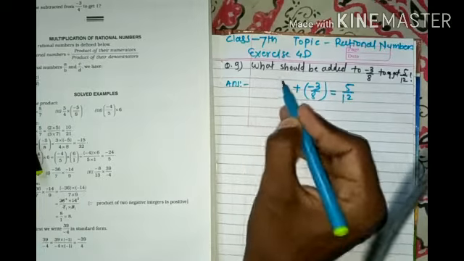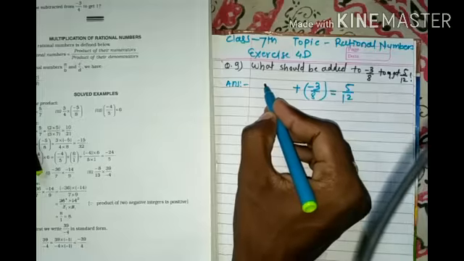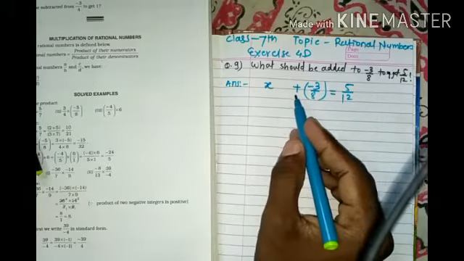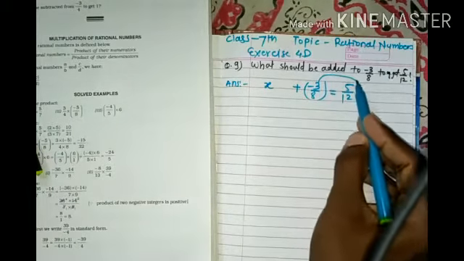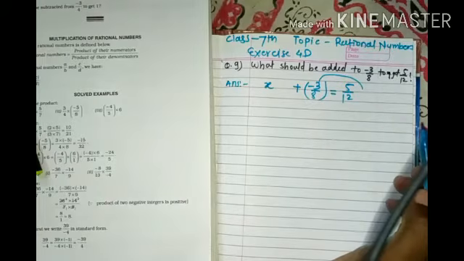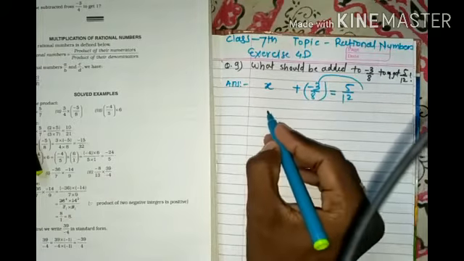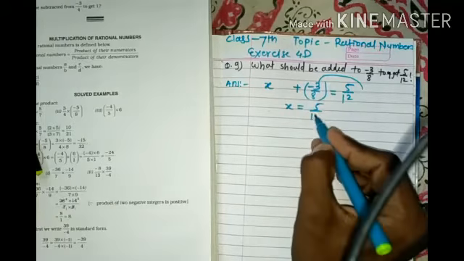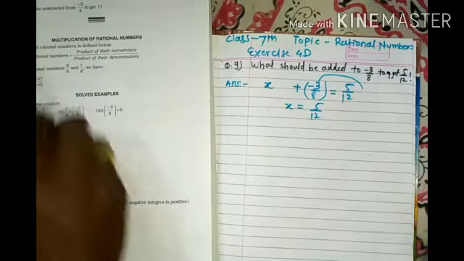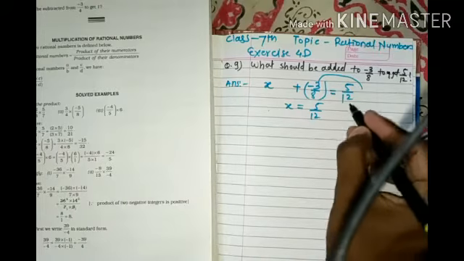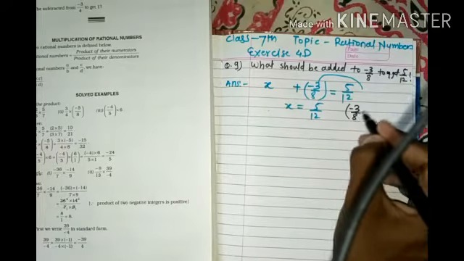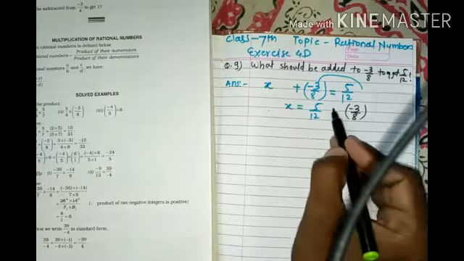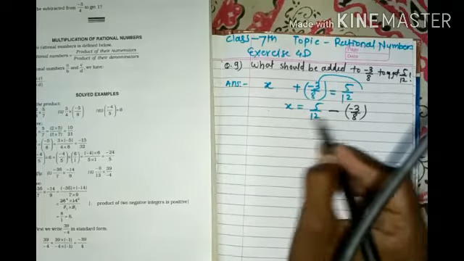We don't know this number, so we will take one variable, that is x. Now we will shift this rational number with the x toward the right hand side. I will write 5 by 12 as it is, minus 3 by 8, but here it is positive, so here we will take subtraction.